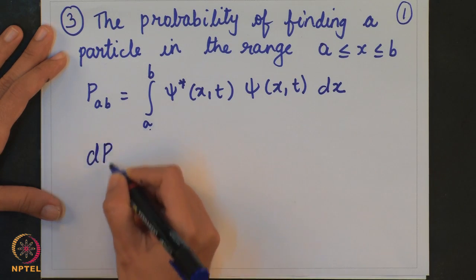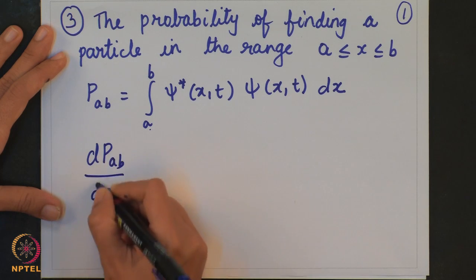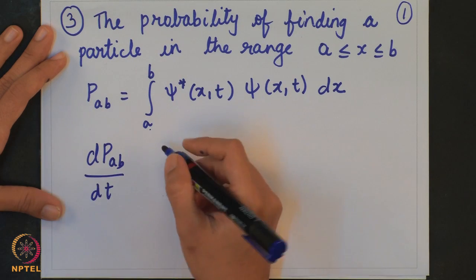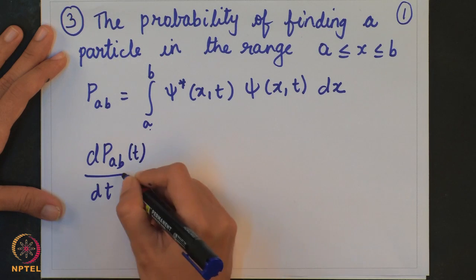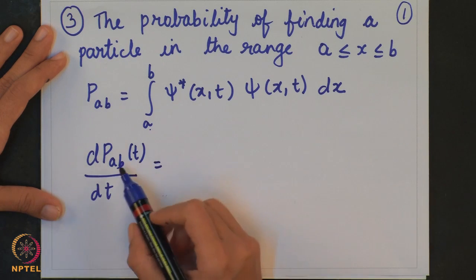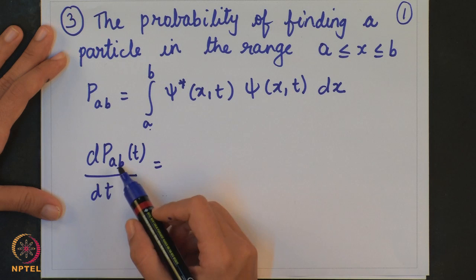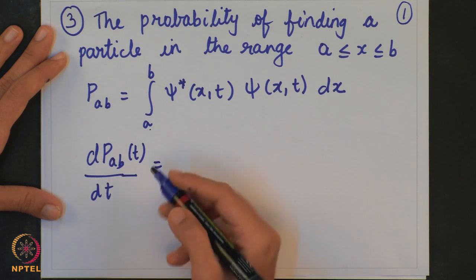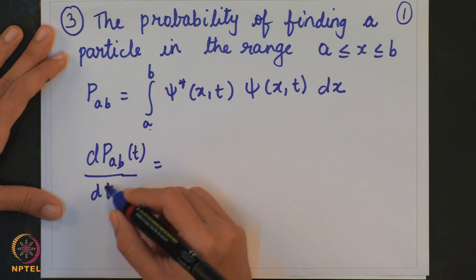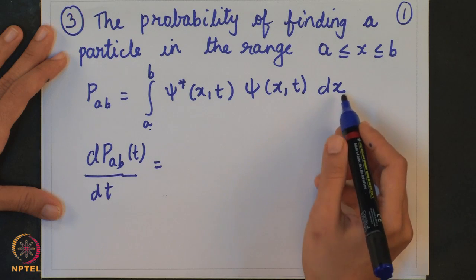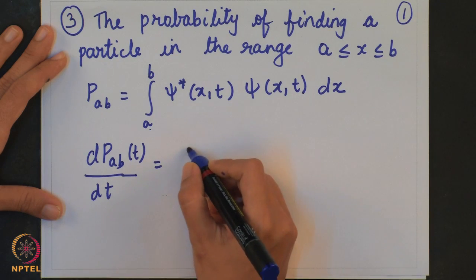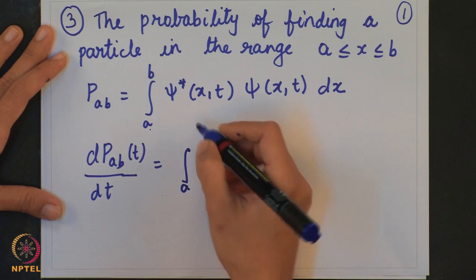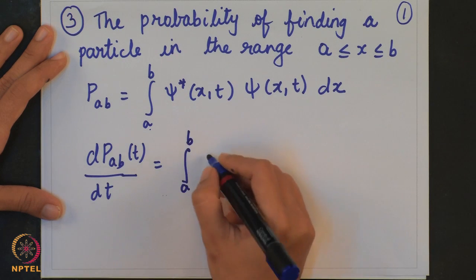Now, we have to evaluate this quantity at some t. So, you take the derivative of the probability with respect to time, and since t is independent of x, I can simply take the derivative inside the integral, simple mathematics.